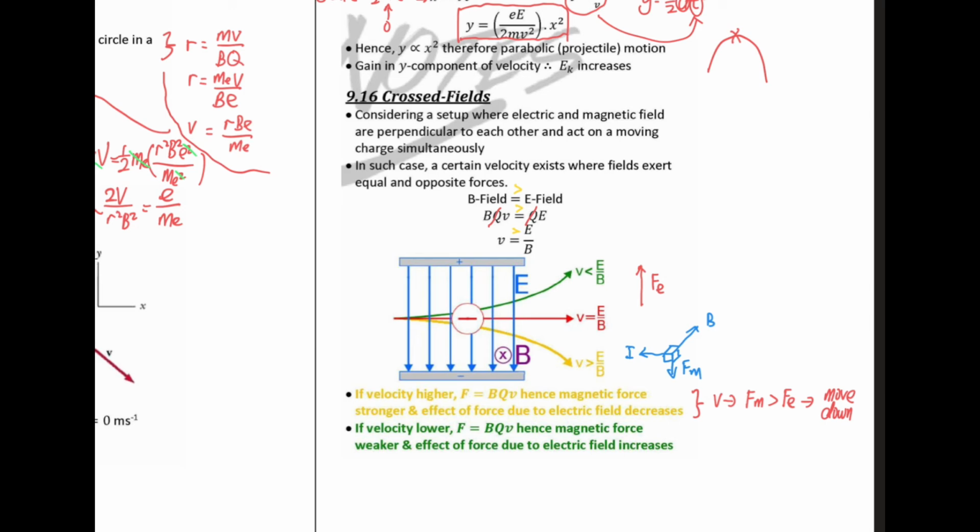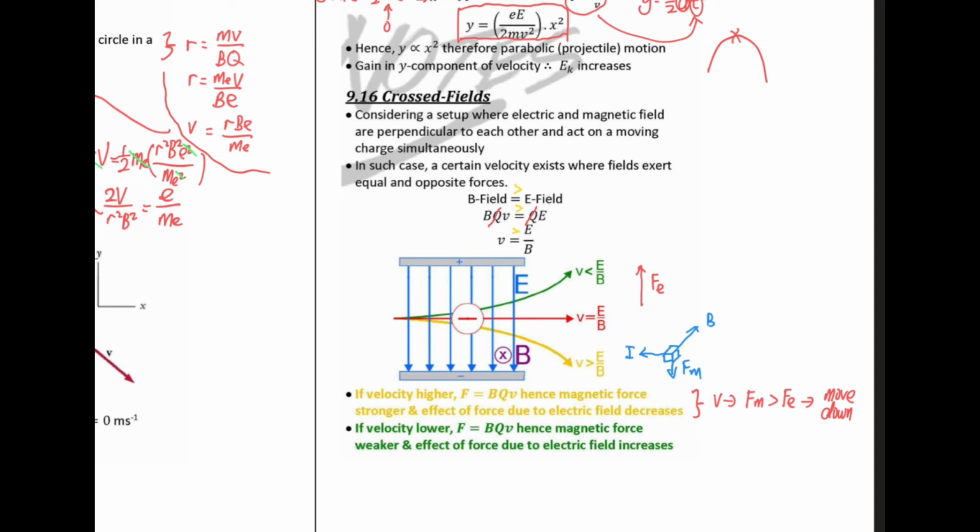So the next point, the last point here, if velocity is lower, smaller V, so F equals BQV, the magnetic force is of course going to be smaller, and hence the magnetic force is weaker, and the effect of the force due to the electric field increases.